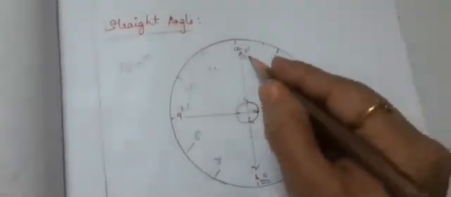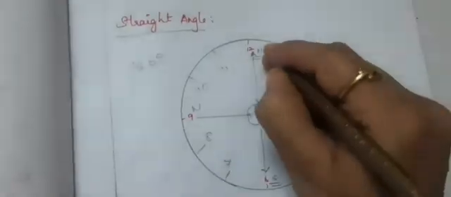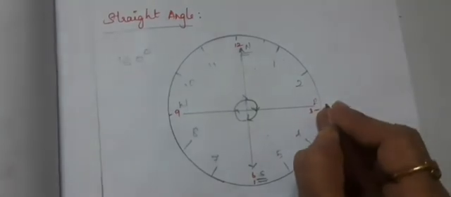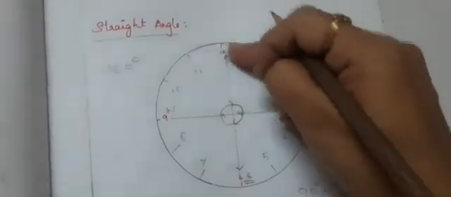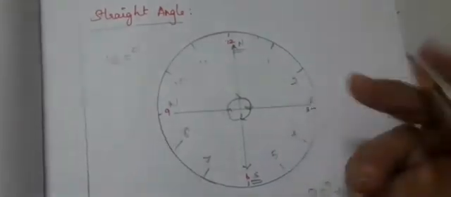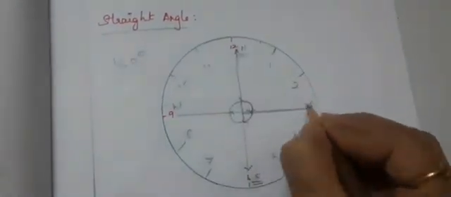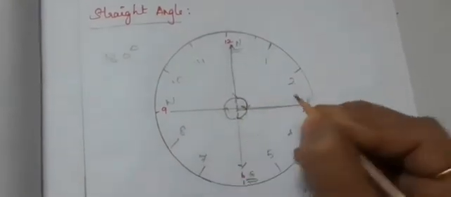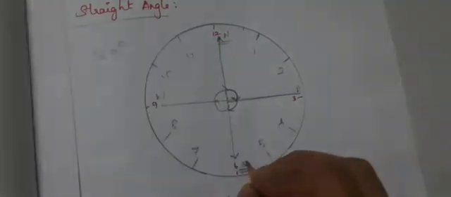I am going to explain to you how the straight angle is formed from 12 to 6. See here, I have to reach 6 from 12. So now I am standing near 12 and I have to travel first to 3. When I travel from 12 to 3, I get a turn of right angle. See here, a line. So this is one right angle turn. Again from 3 I am traveling to 6.